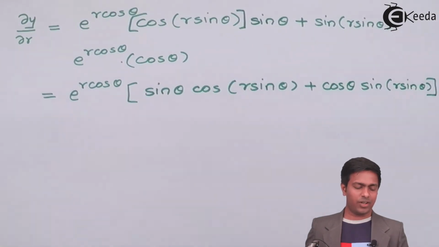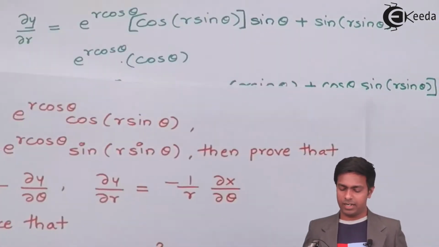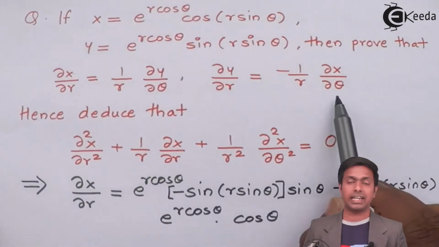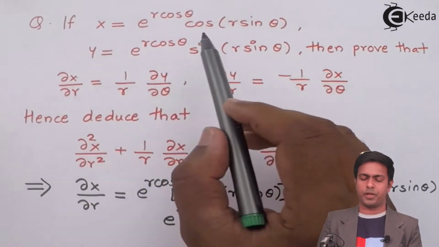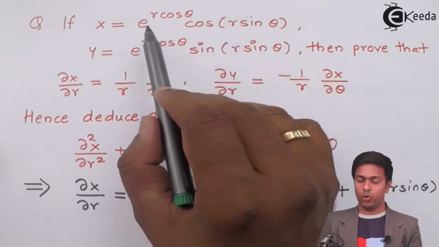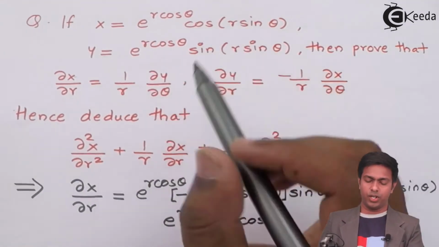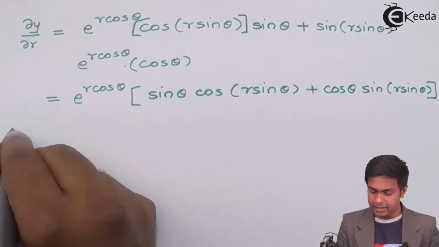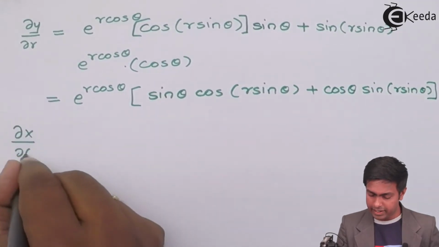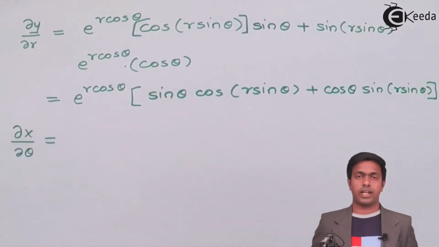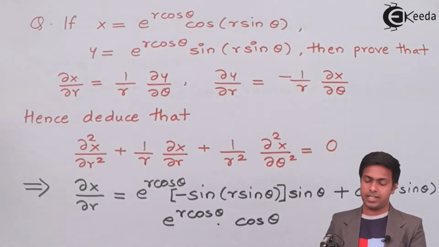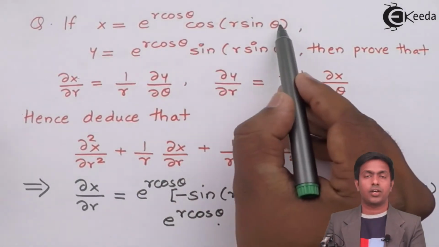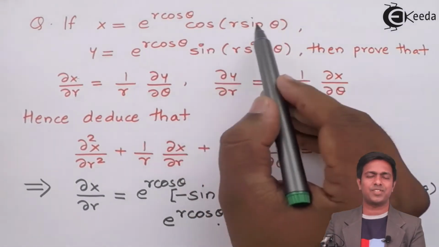Now let's find out the value of del x by del theta. If we differentiate x with respect to theta partially, then both terms have theta. So here we will get del x by del theta equal to, guys, we'll again apply the product rule. e to the power r cos theta will remain as it is, and the derivative of the cos term is negative sin.